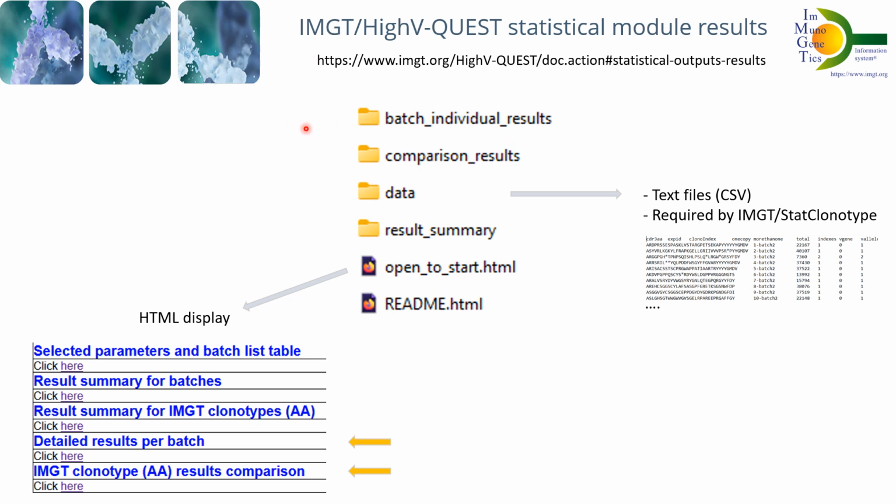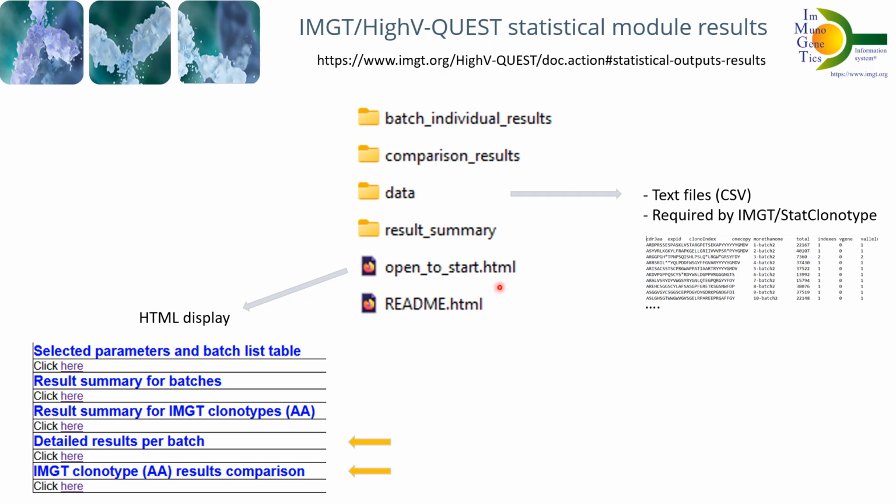Once the archive is extracted, the main folder contains several directories, and importantly, the data directory contains text files including the list of IMGT clonotype AA per batch and per chain type with their characteristics in CSV format. Note that these files are required as input by the external IMGT StatClonotype tool that we will see later.